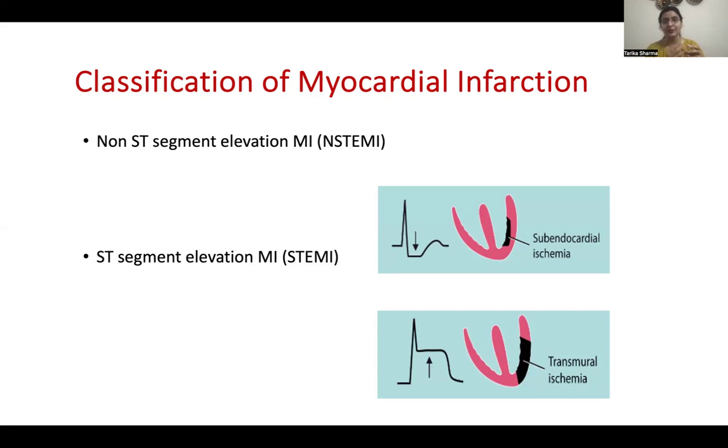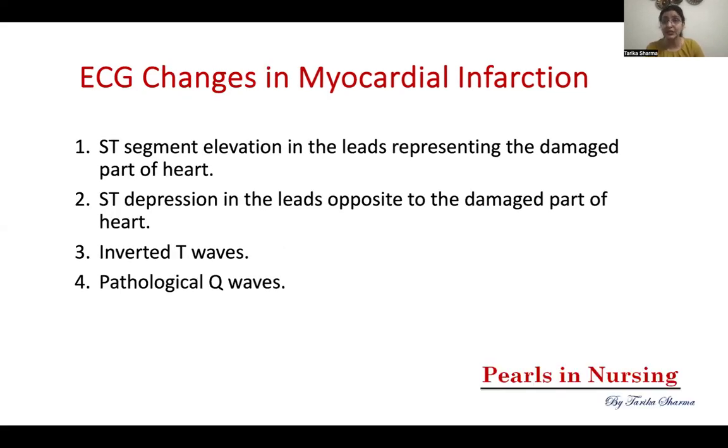And apart from the ECG changes, the test for the cardiac biomarkers is also done, which is your TROP-T and TROP-I, which seem to be positive in both types of myocardial infarction. So let's talk about the ECG changes which happen in myocardial infarction.